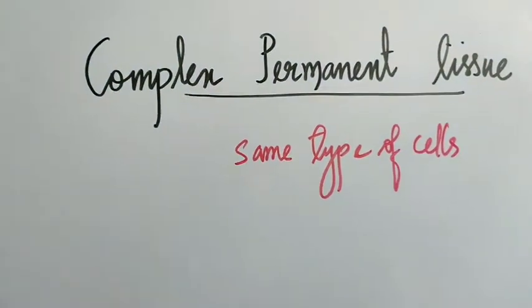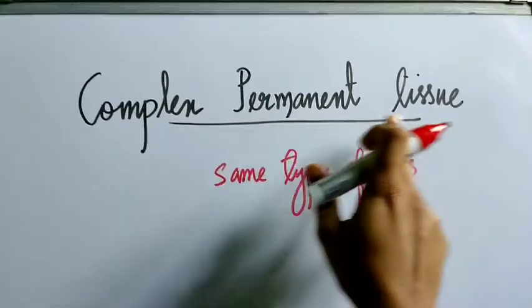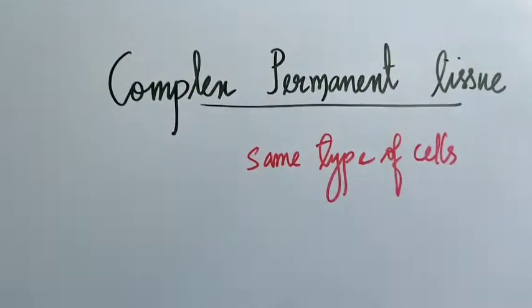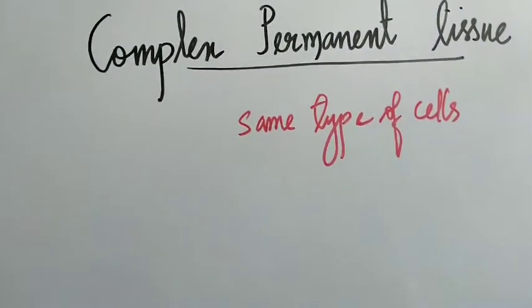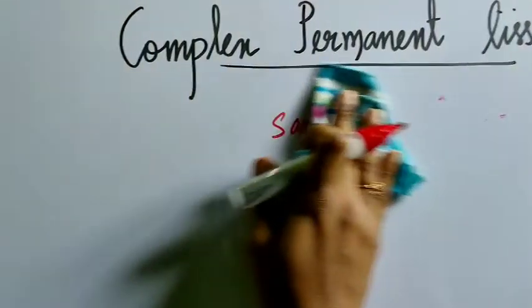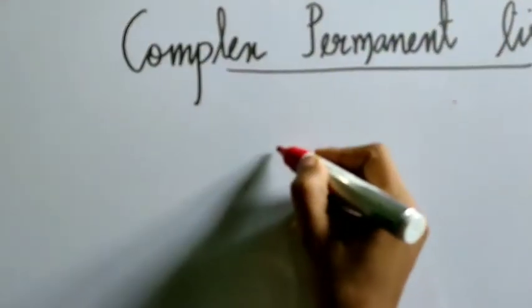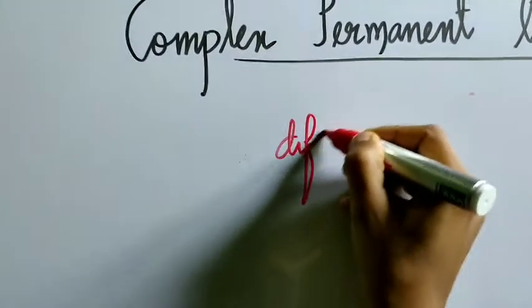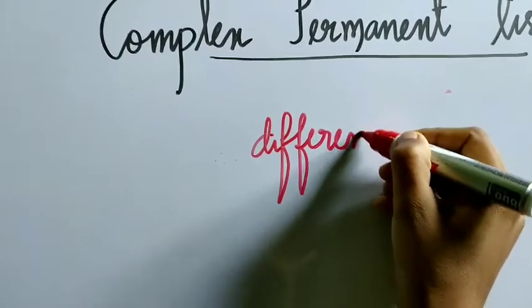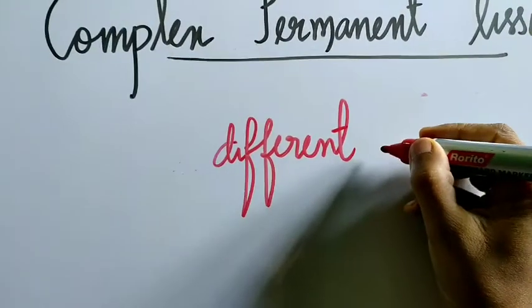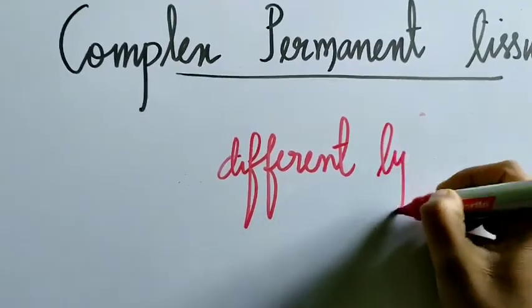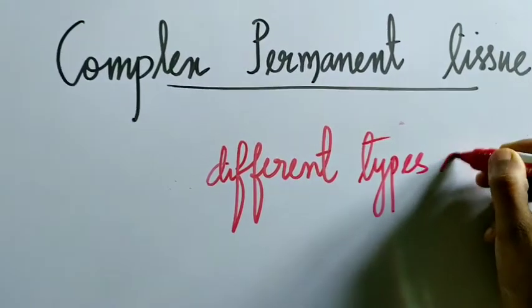Is it not? Today, in complex permanent tissue, we are going to study those tissues which are made up of different kinds of cells. So complex permanent tissues are those tissues which are made up of different types of cells.